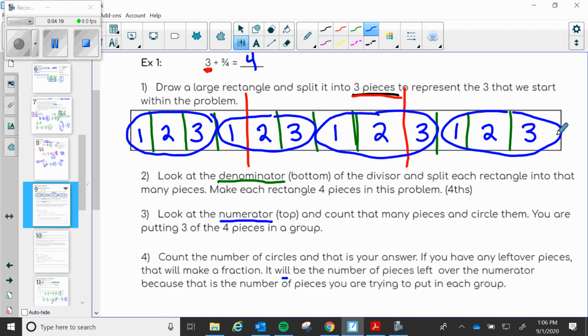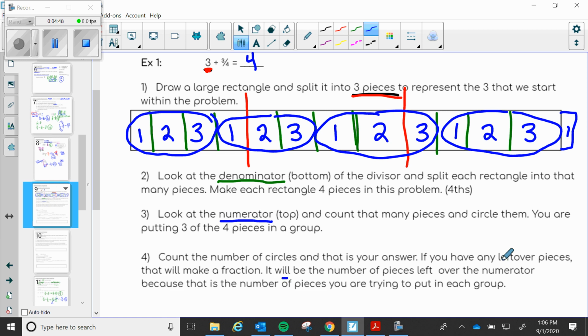Now, if I were to have a piece left over, like let's say I had one little extra rectangle down here all by himself and I couldn't put him in a group, that would actually turn into a fraction, so then our answer would be a mixed number. If that were the case, my answer would actually be 4 1/4. So if I have any leftover pieces, that will turn into a fraction. It will be the number of pieces left over as the numerator, because that is the number of pieces I'm putting into each group.